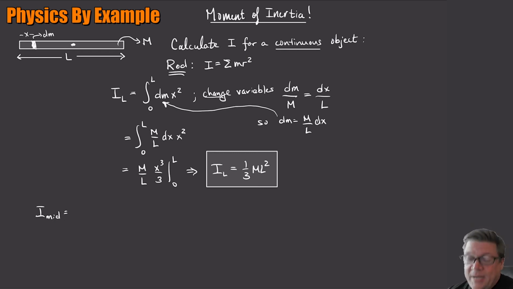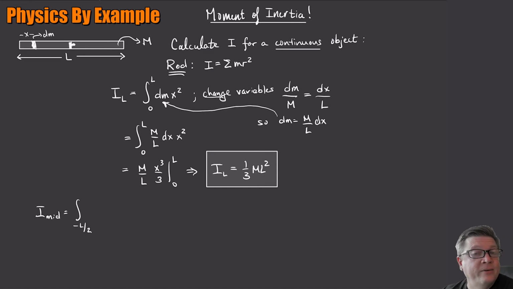Those little bits of mass, the dm's that are really, really close here, if that's a little dm right there, its distance away from the middle point is almost 0, right? So how do you take care of this? You take care of it in the limits of integration. So instead of the distance going from 0 to L, the distance ought to go from minus L over 2, right? If you're on the left-hand edge, you are L over 2 away from the center.